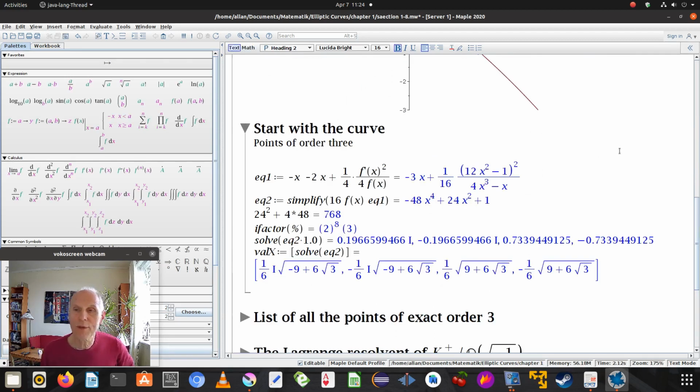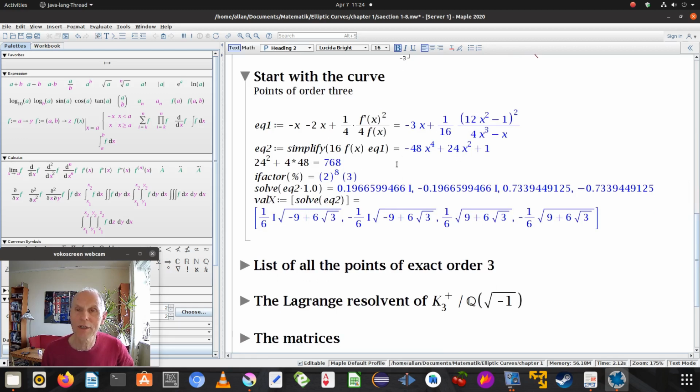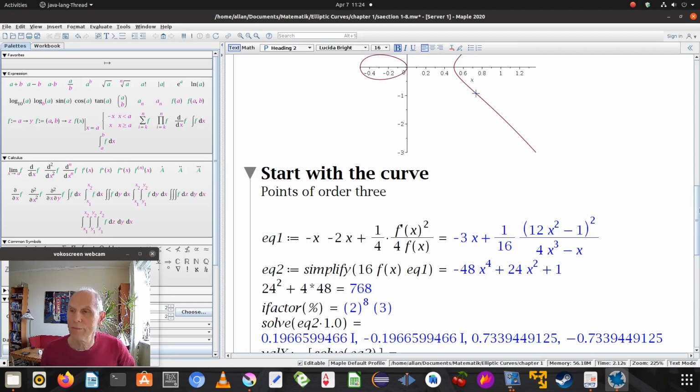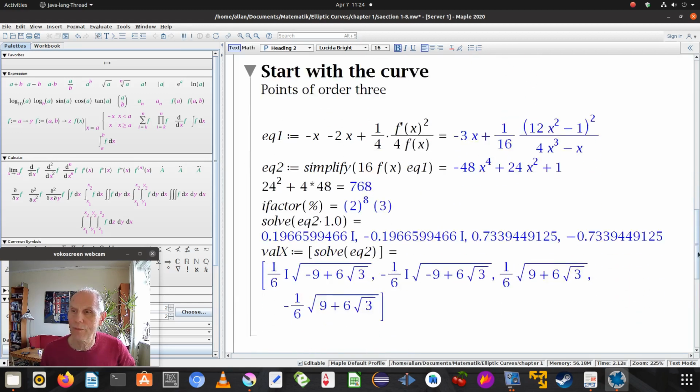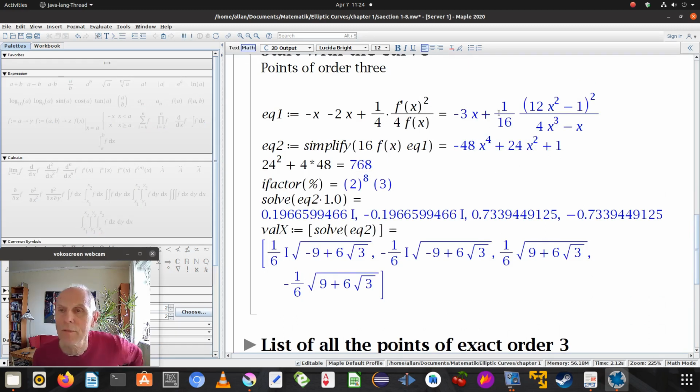So the first thing was to find the points of order 3, or the equation of it, and that's the equation. Let's make it a little larger. That's the equation I showed you on the PowerPoint presentation.